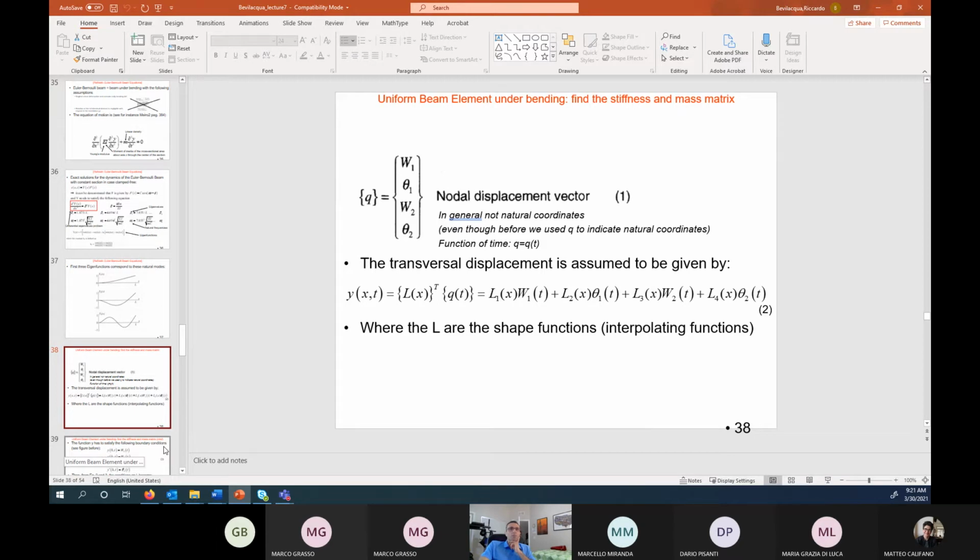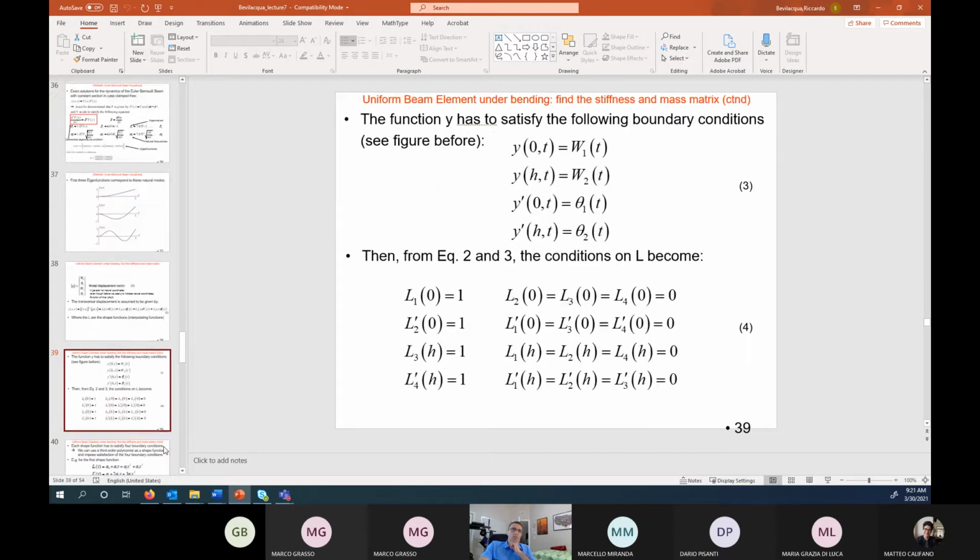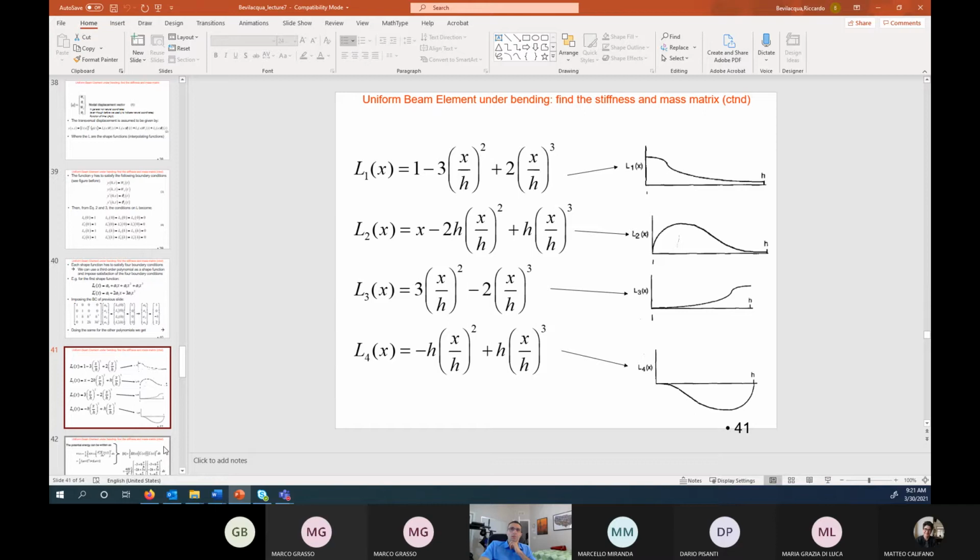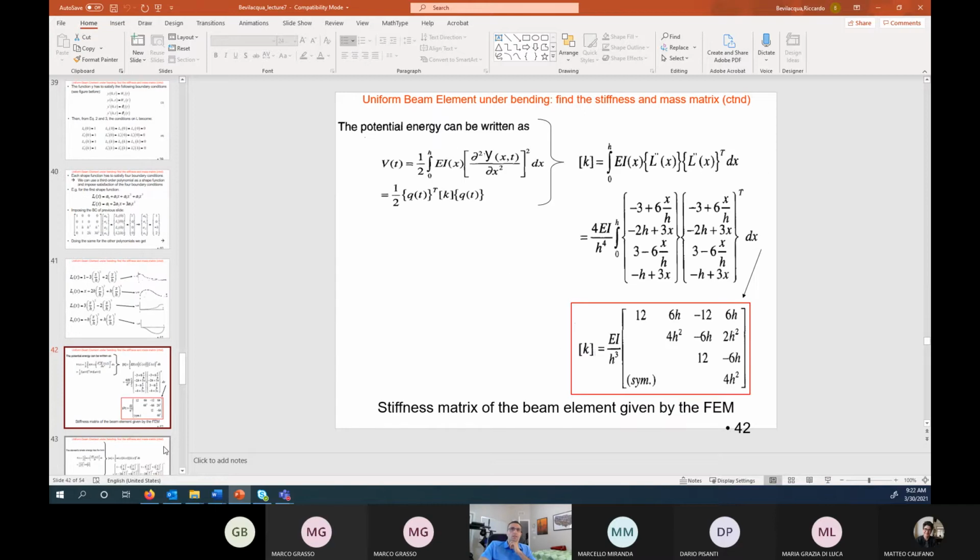So I approximate my y(x,t) with this expression, but then what is the connection? The connection is here. In my potential energy expression, I still plug in what it will look like for the continuum. That's why I have the integral. But for the y, I use my representation of y. And so I get the stiffness matrix for a beam element as follows.